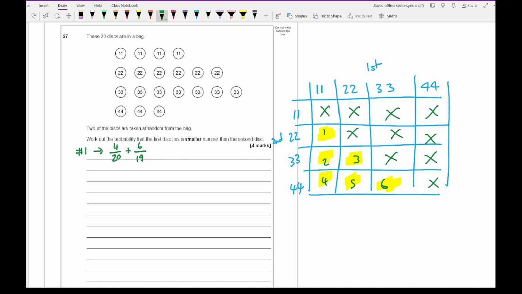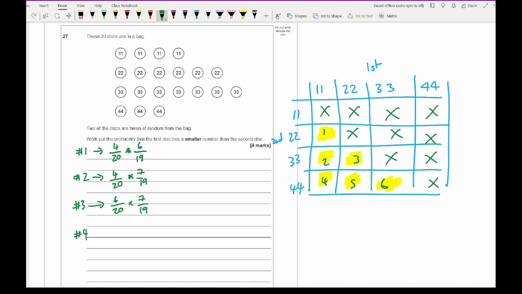Number 2: this time we're going for 11s first, so it's 4 out of 20, times a 33 second, which is 7 over 19. Then for number 3, that's 22 first, so that's 6 out of 20 times, actually these should all be times, not plus, and 33 is going to be 7 over 19.